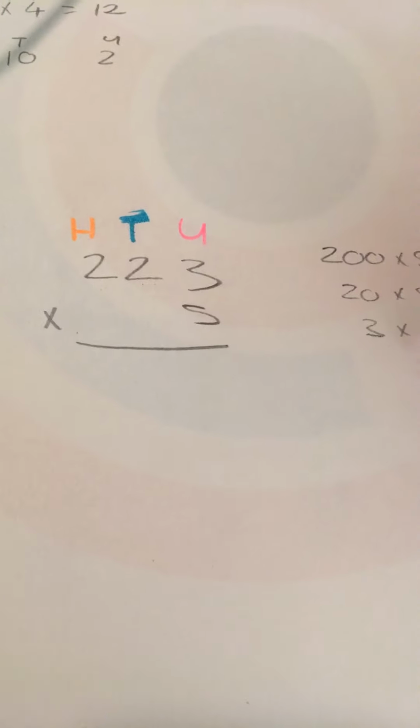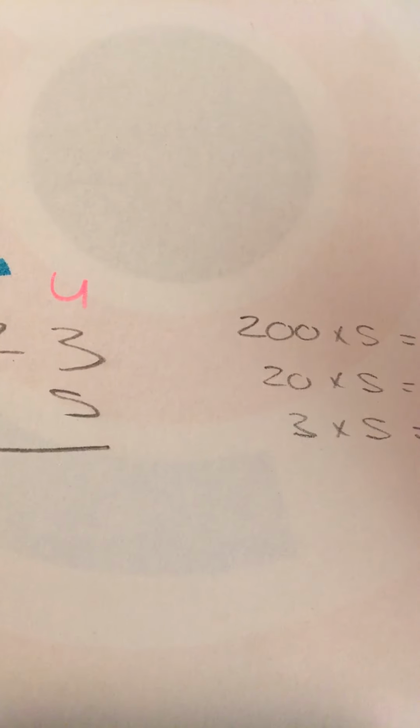So all of those numbers, 223, get timesed with 5. So this is doing it the long way. Okay, so 200 times 5 we know is 1,000. 20 times 5 is 100. 3 times 5 is 15. Okay, I'm just going to leave that there. So let's do it here.